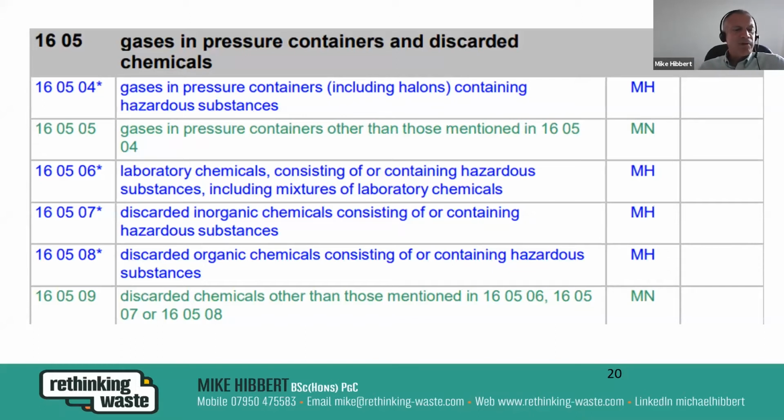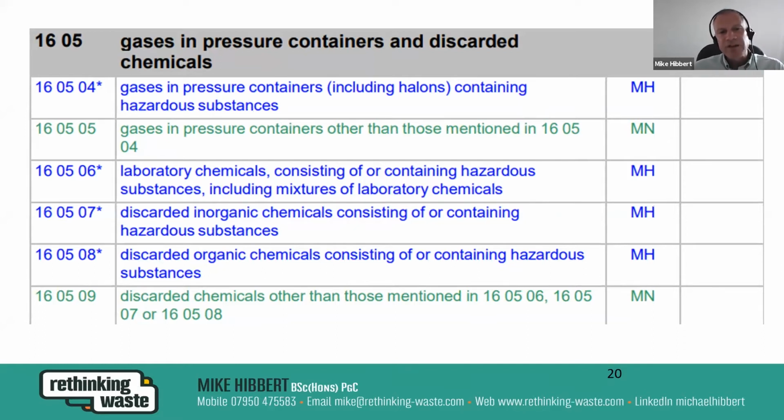So for mirror entries, what we need to do is establish whether those wastes contain hazardous substances, what they are, how much there is of them, and then see whether they are above or below the threshold to make them hazardous, and that's identified within the guidance.